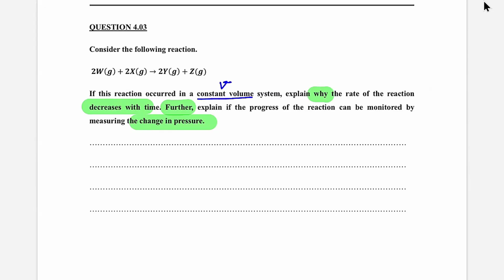P is proportional to n. So the number of moles of reactants is directly proportional to pressure. Then when the reaction progresses, pressure.